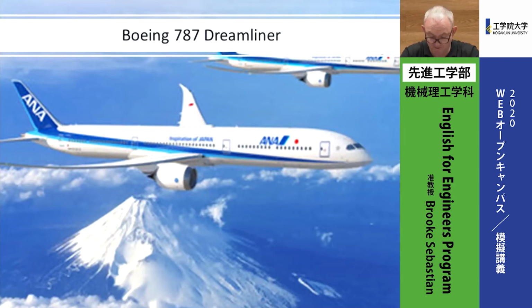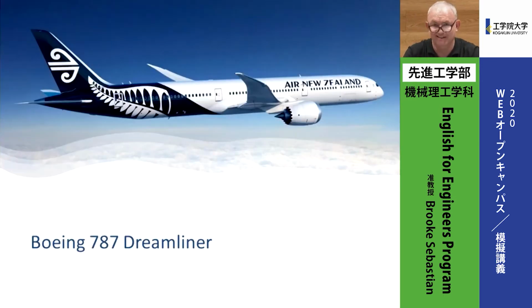Today, more than ever, we work in teams, and international teams. Take the example of the famous Boeing 787 Dreamliner aircraft, seen here in ANA colours and in the colours of my home country, New Zealand. But let's look more closely at what kind of teamwork goes into making the 787 aircraft.